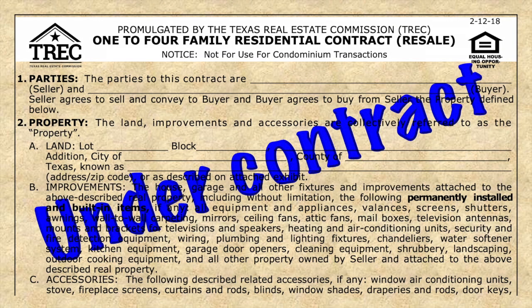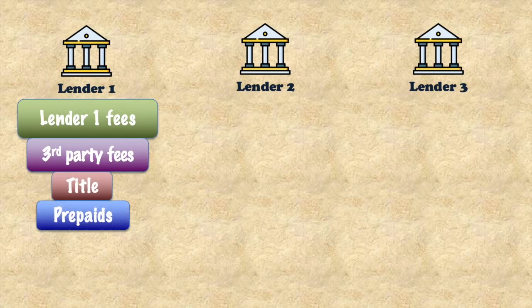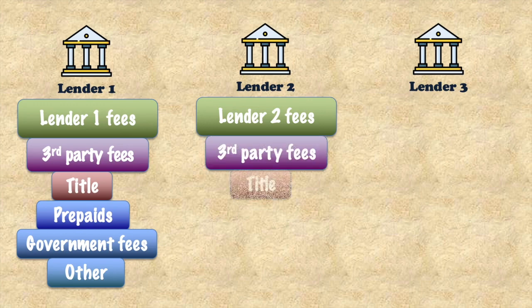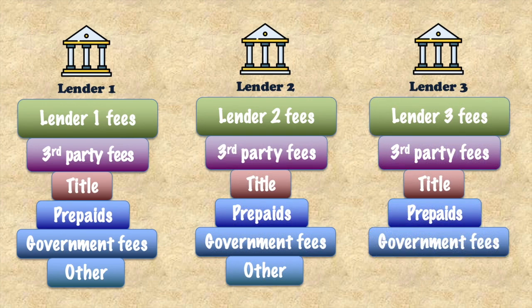Once you are under contract for a house though, give the same house information to multiple lenders and compare their charges across these items to find one that is the best fit for you. Remember, the best lender is not only the one with the least cost.